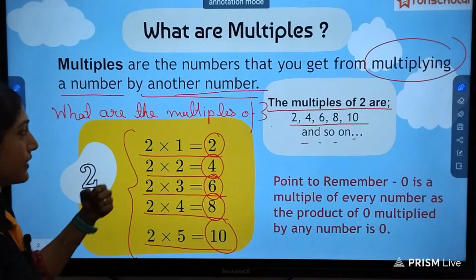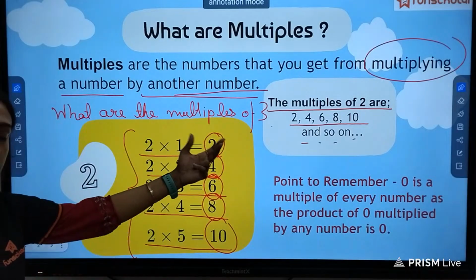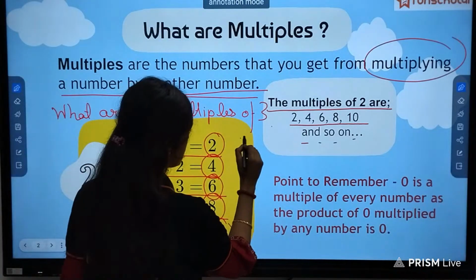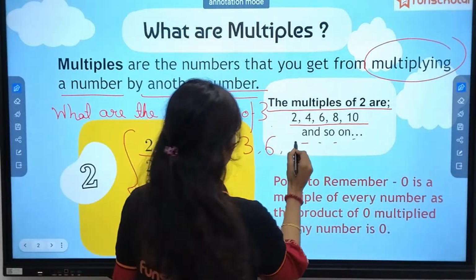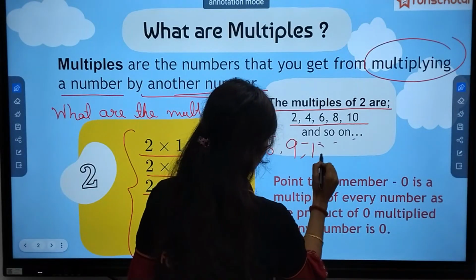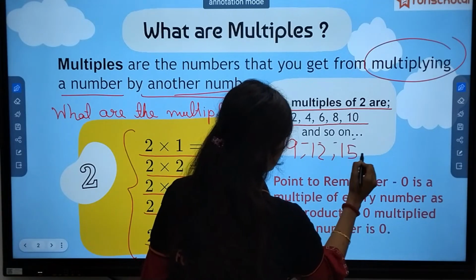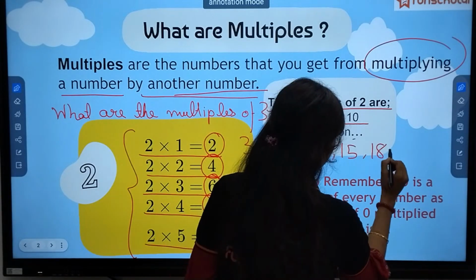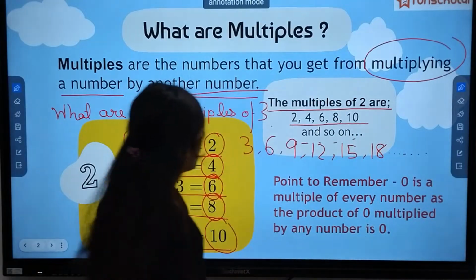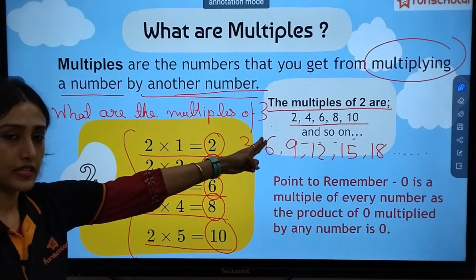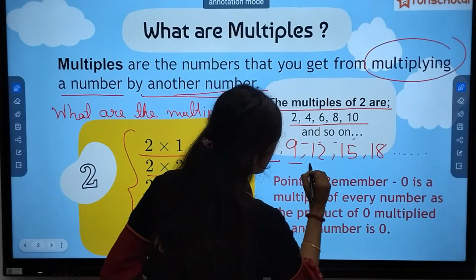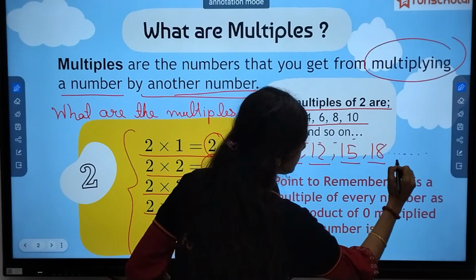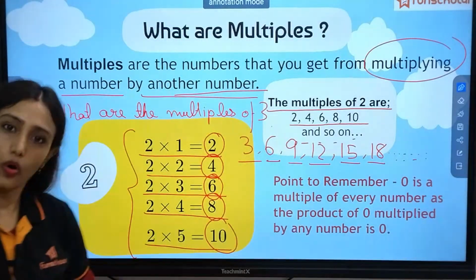In the similar way, you will see the table of 3. 3 1s are 3. 3 2s are 6. 3 3s are 9. 3 4s are 12. 3 5s are 15. 3 6s are 18 and so on. So what are the multiples of 3? Obviously 3, 6, 9, 12, 15, 18 and so on.